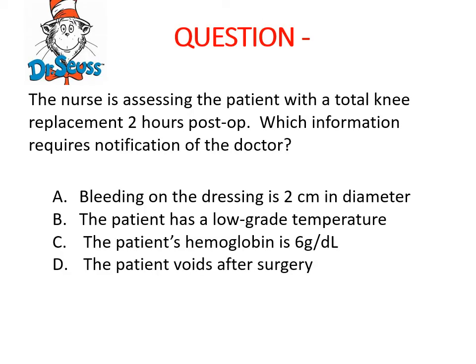Okay, so let's do this question together. The nurse is assessing a patient with a total knee replacement 2 hours ago. Which information requires notification of the doctor? Bleeding on the dressing is 2 centimeters in diameter. That's totally expected, right? Whenever we have a wound, it's totally expected to have a bit of bleeding onto the dressing. A patient has a low-grade temperature.